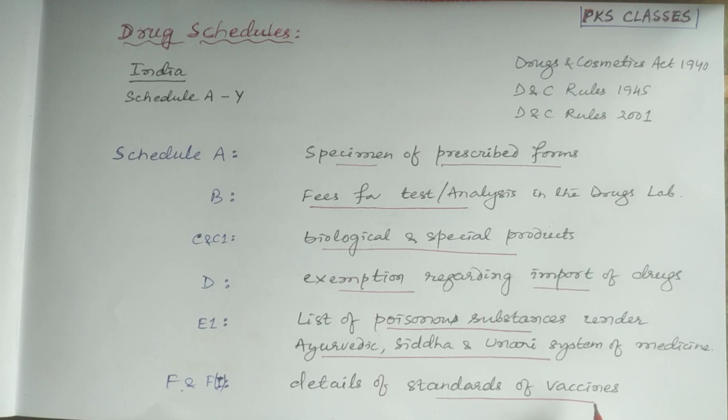So it includes all bacterial vaccines and any other vaccine from any other microorganism, even if it is not pathogenic and is having some antigenic value, all are included. So it deals with standards of vaccines.